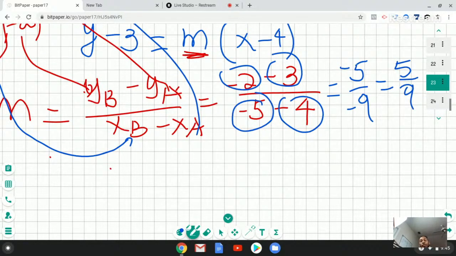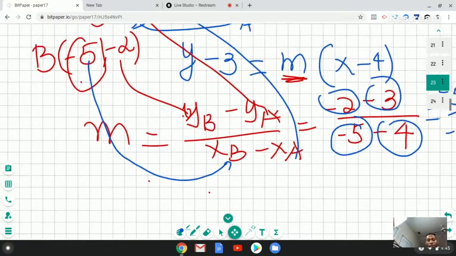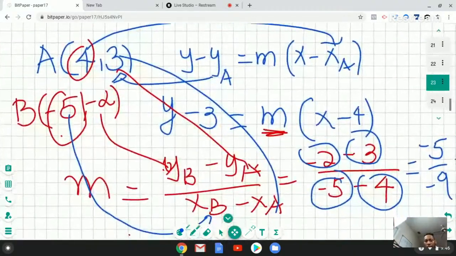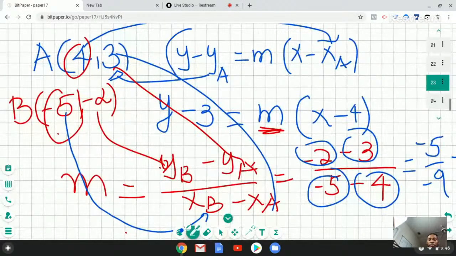Now, what else can we do with this information? So we have the slope is 5 over 9. Now we go back to our formula, the point slope form.